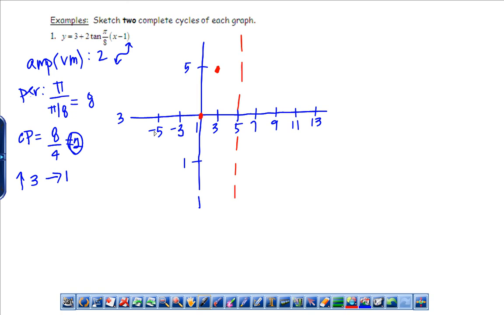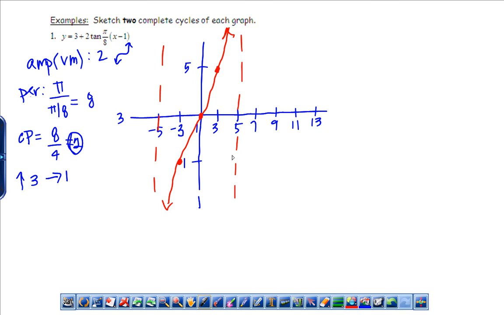Why I went to the left is because I didn't have a full point to the left or a full whole graph. So if I were to continue this graph, I would do down, and then I would have an asymptote. So this is one full tangent, and it goes from decreasing to increasing. Then I'm going to go ahead and go to the right because this is just one cycle.